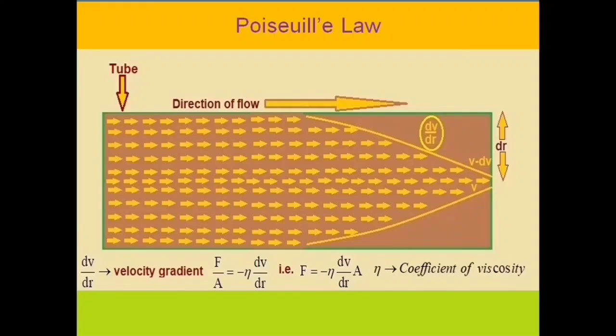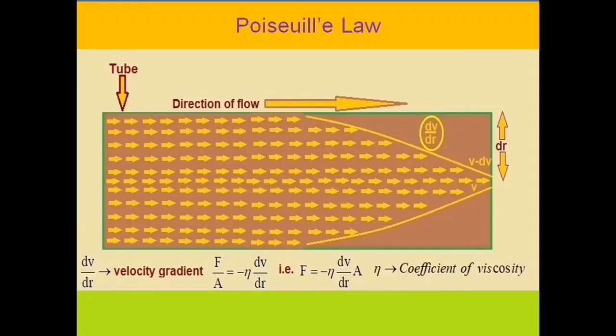As we approach from the axis of the tube toward the wall, the velocity decreases gradually. The velocity of the adjacent layer of fluid molecules is lower than the earlier one, and this decrement in velocity with respect to distance from the axis of the tube toward the wall, that is dV by dr, we call the velocity gradient.